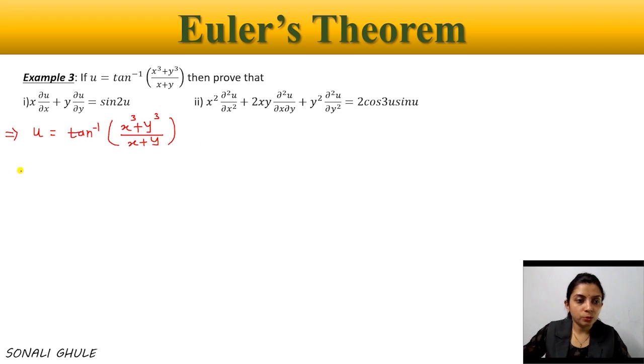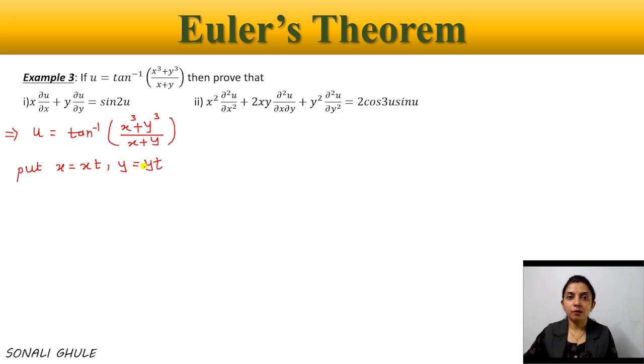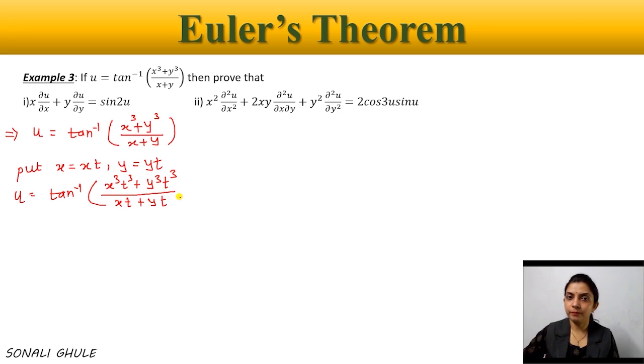Here we put x equal to xt and y equal to yt to check whether the given function is homogeneous or not. So when I replace x by xt, it is x cube t cube plus y cube t cube in the numerator, and in the denominator it is xt plus yt.